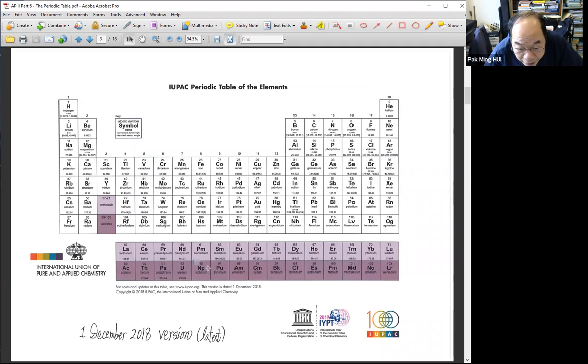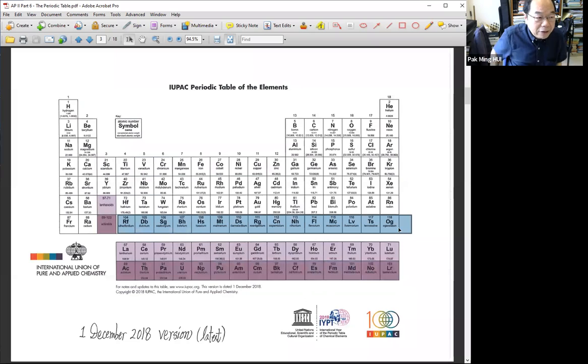So after uranium, from this place onwards, and then go into here. Okay. These are short-lived elements. Usually through accelerator physics, they are formed for a very short time, but still long enough for experiments to be done to prove their properties.